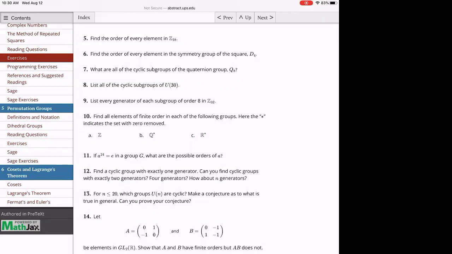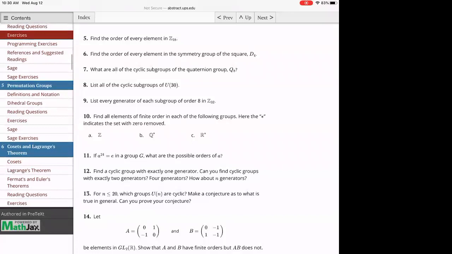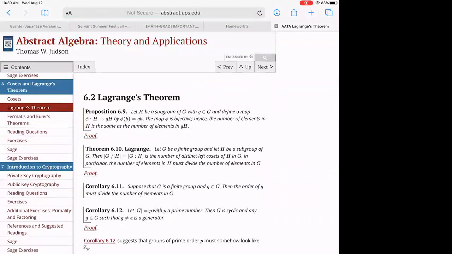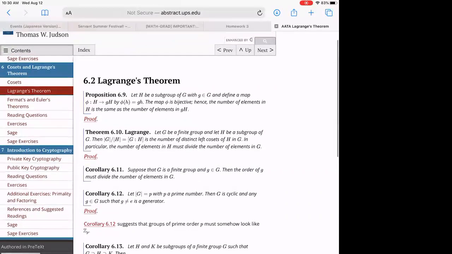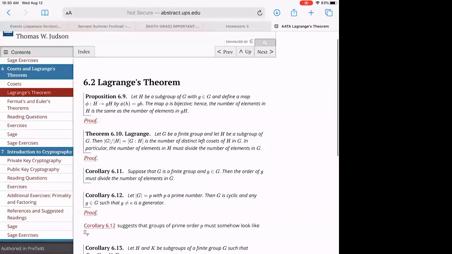Later on, if you like, we can go to Lagrange's theorem. Basically, corollary 6.11 is the stronger thing. But that's later. If G is finite, with absolute value n, then the order of G must divide n.